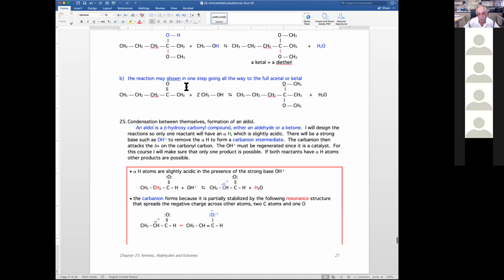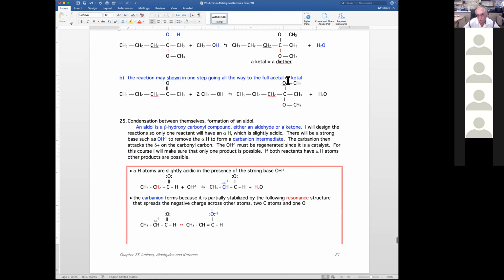Then the reaction may be shown in one step, going all the way to the full acetal or full ketal. So what would you do? You'd have to know that this starts over here, making that new bond, and then this is going to go over there.